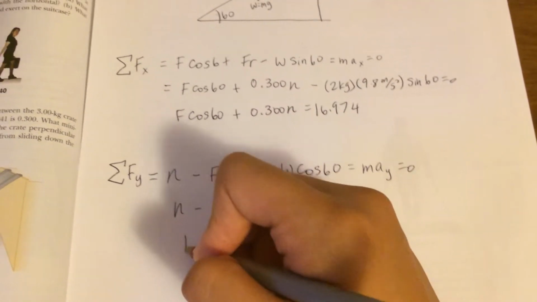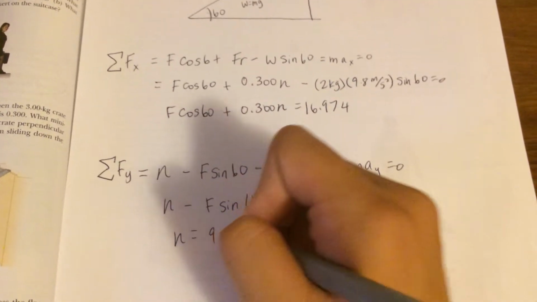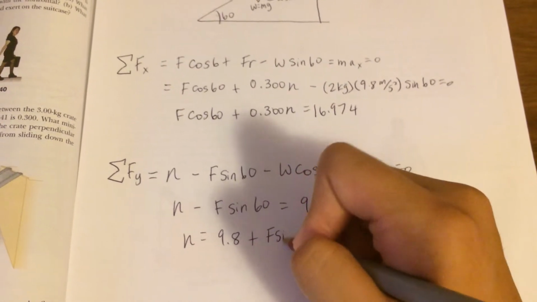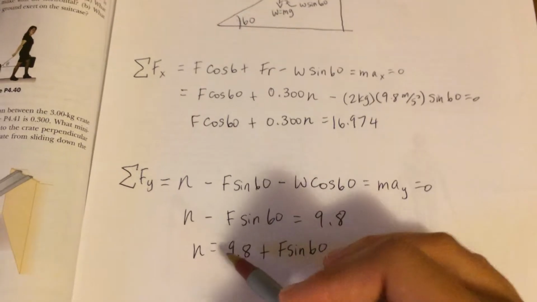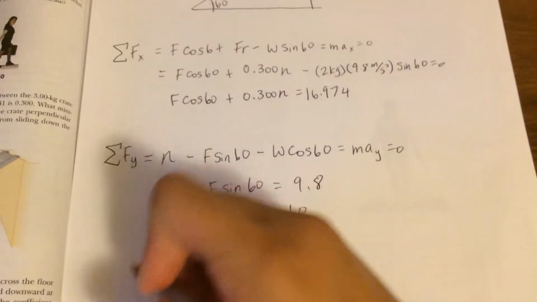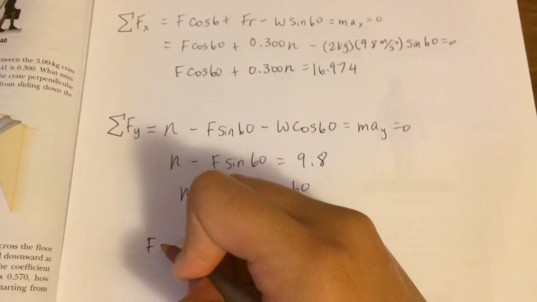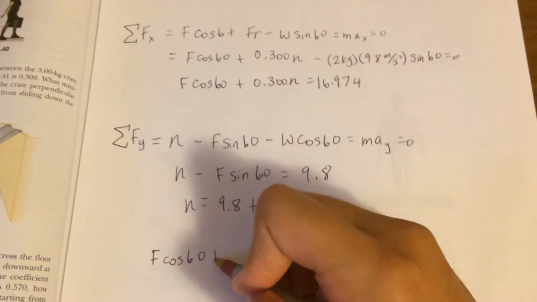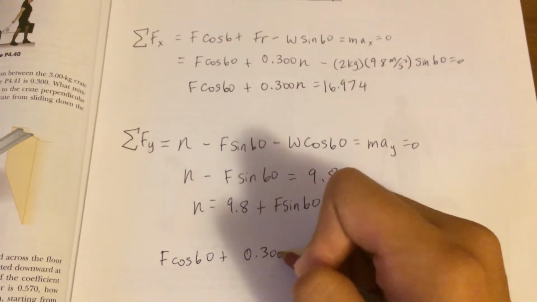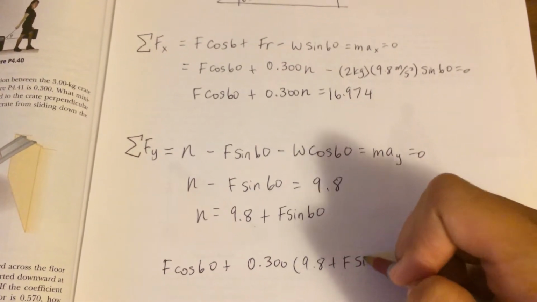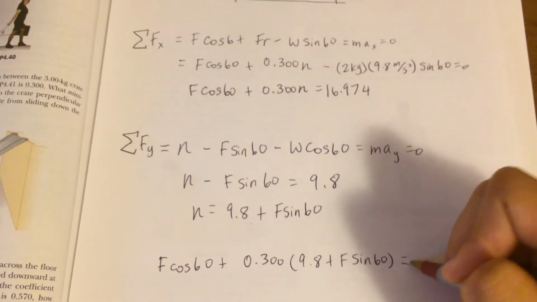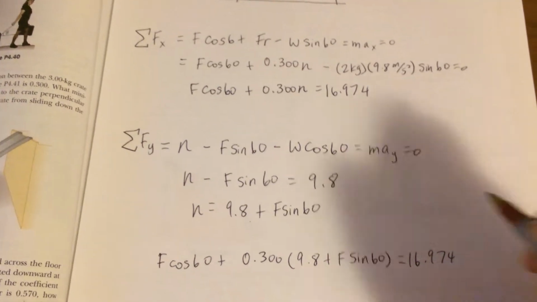And then that's N equals 9.8 plus F sine of 60. I wrote that like that so that I could put this N into this equation. So you have F cosine 60 plus 0.300 times 9.8 plus F sine 60 equals 16.974.